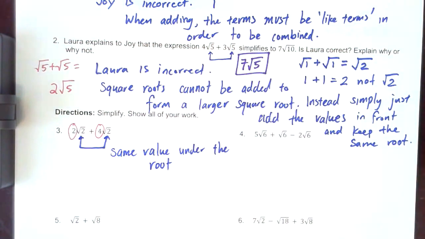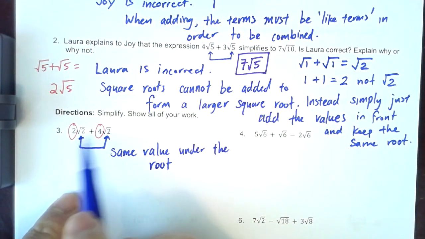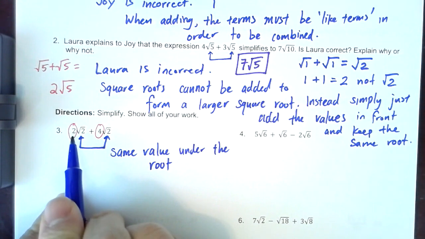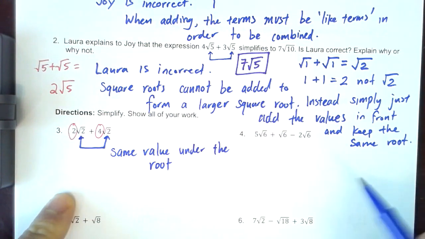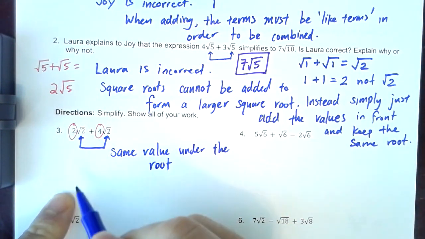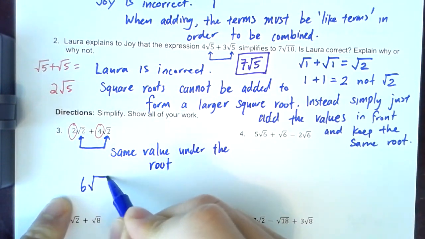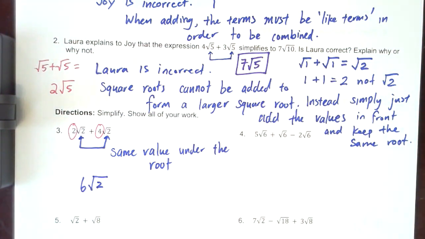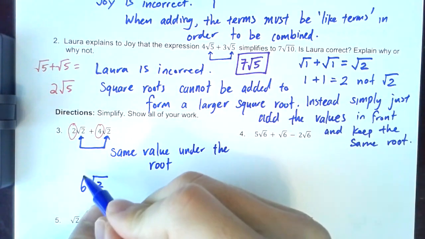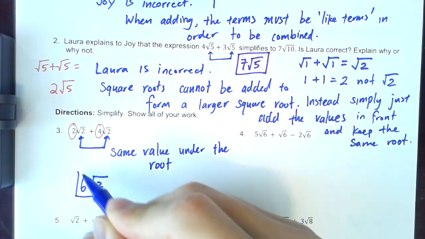Coefficients by definition is the value in front of a variable, but this is very similar to adding like terms. We add the numbers in front of the square root. So we say 2 plus 4 is going to give us 6. And then we don't do anything to the root. It's just the label, right? So 6 square root of 2 is my final answer.